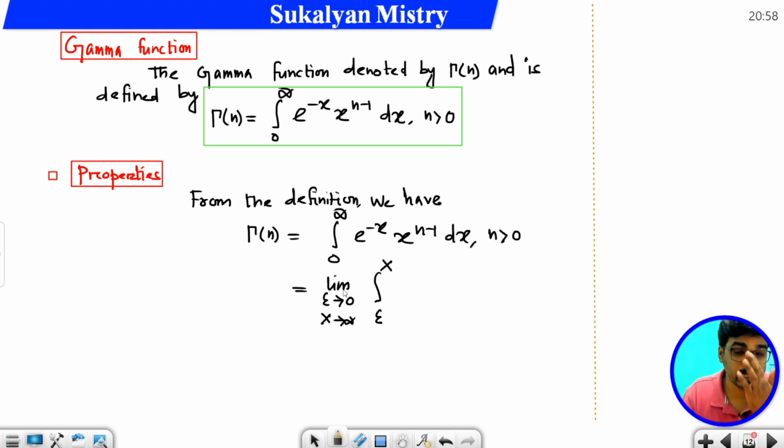So this can also be written as limit epsilon tends to 0, x tending to infinity, integral of e to the power minus x, x to the power n minus 1 dx.